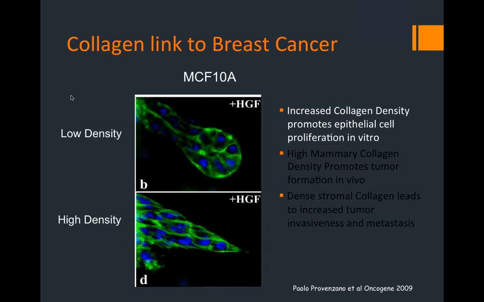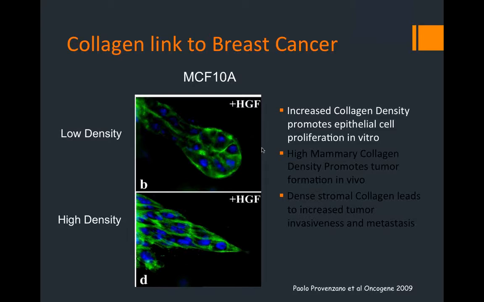So our lab published a series of papers from 2009 to 2011 that suggested that collagen has a direct link to breast cancer in vitro and in animal models. And so we'd like to highlight a couple of these really elegant experiments that our lab did before my time.